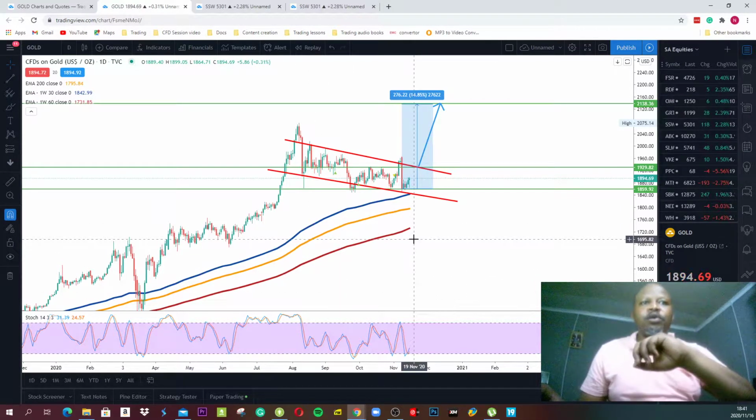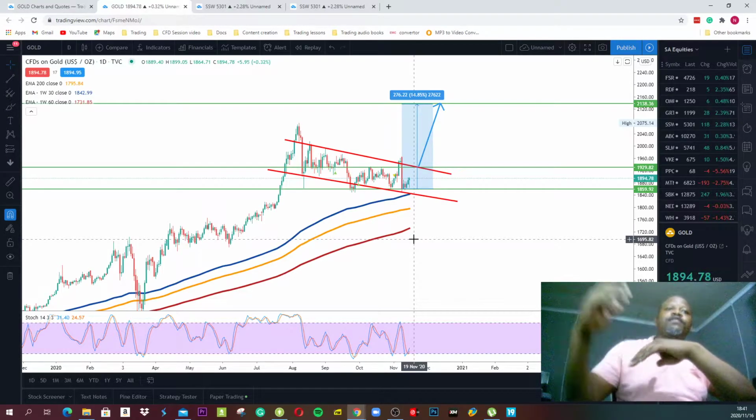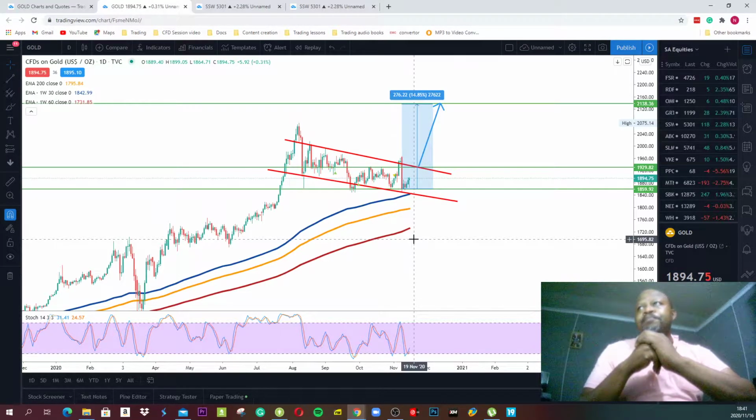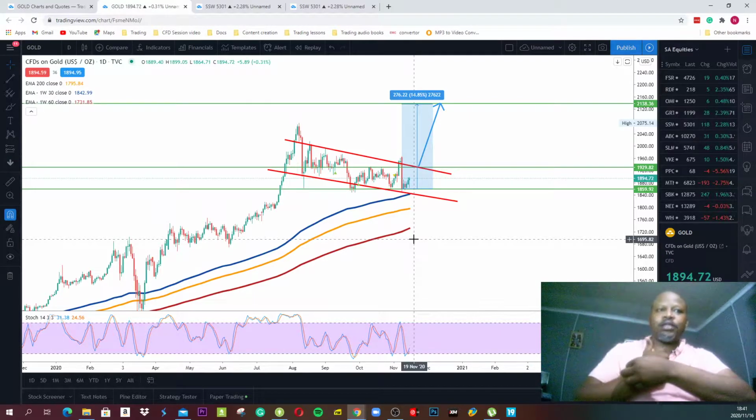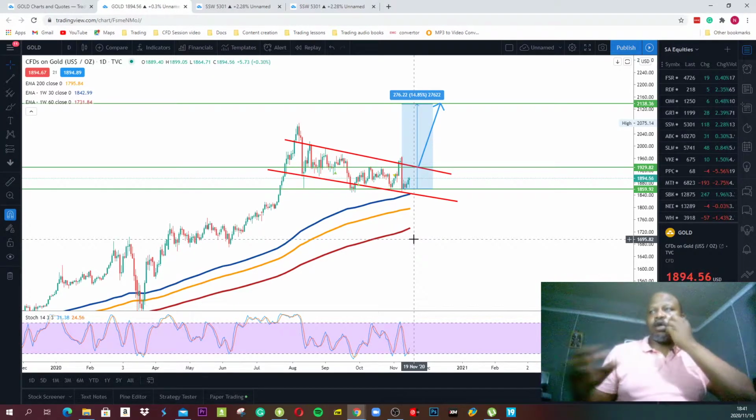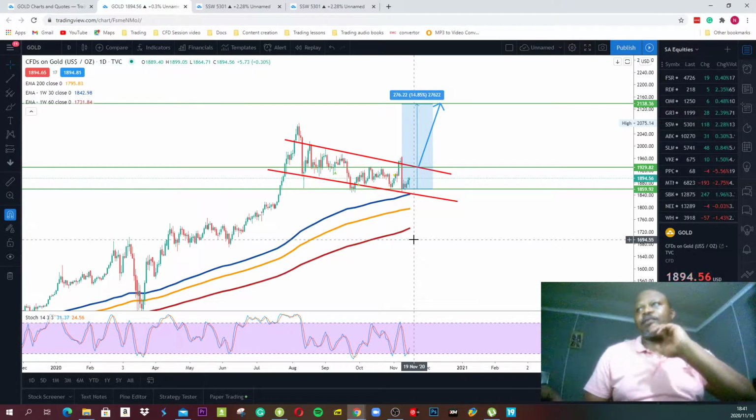As a trend follower, I want to be trading in the direction of the weekly trend, so I don't want to counter the longer term trend.